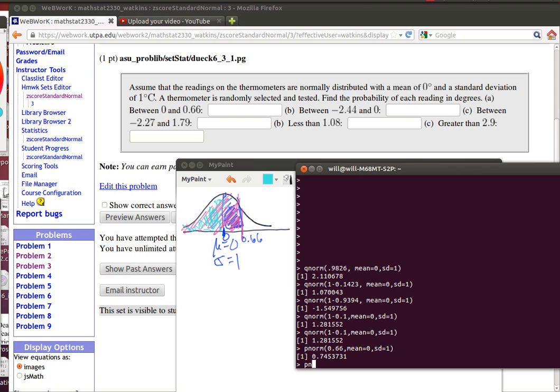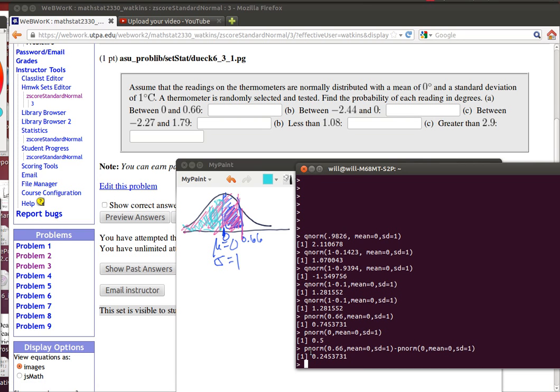If I look at the pnorm, the probability that we're to the left of 0 in a distribution with a mean equal to 0 and a standard deviation equal to 1, of course that's 0.5. We knew that already. So it becomes easy to do this. We just find the pnorm of the largest number minus the pnorm of the smaller number, with a mean of 0 and a standard deviation equal to 1. Okay, so that's going to be the answer that we're looking for.